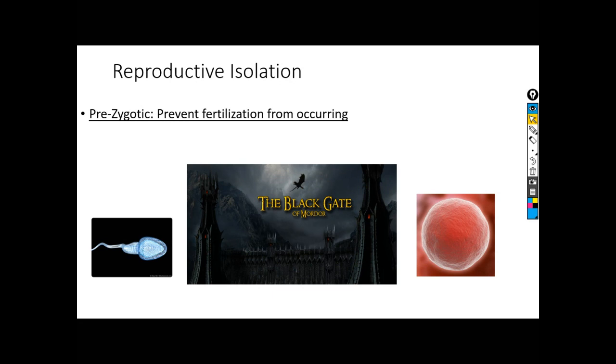The first way this happens, and where this starts, is called pre-zygotic. Think pre, we mean before.